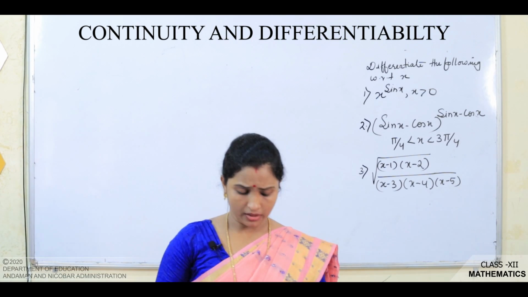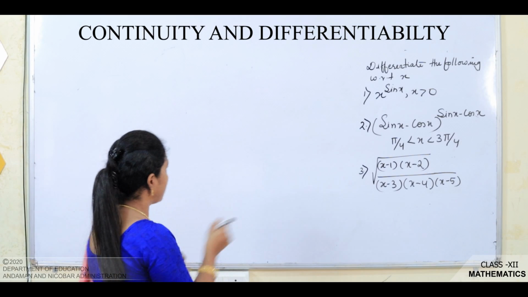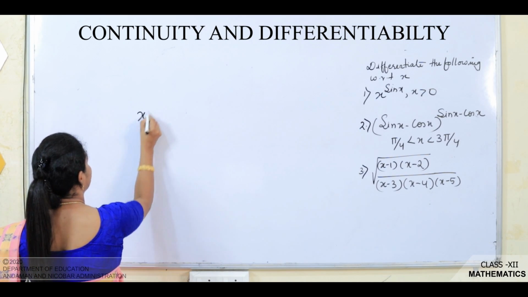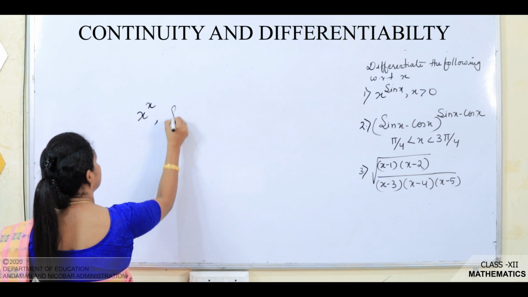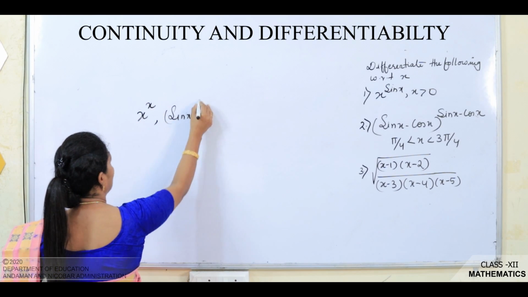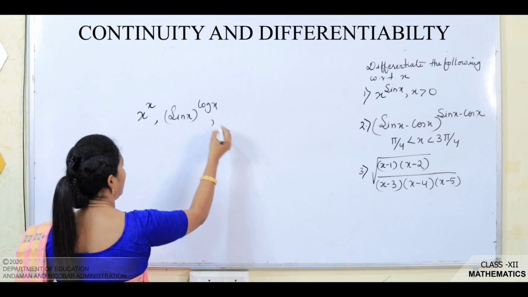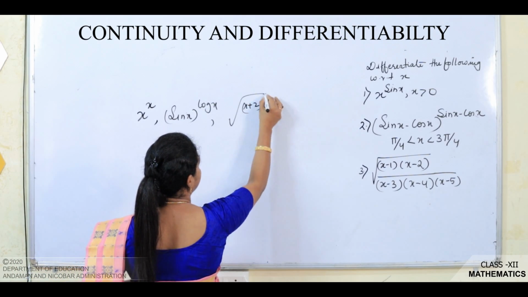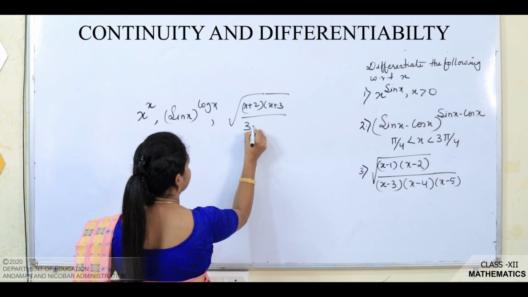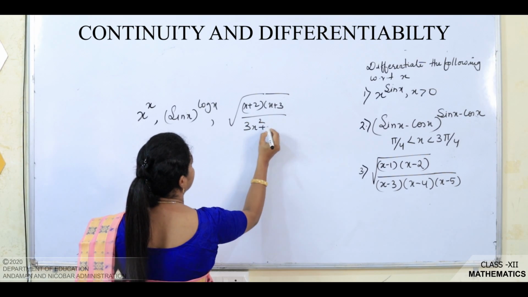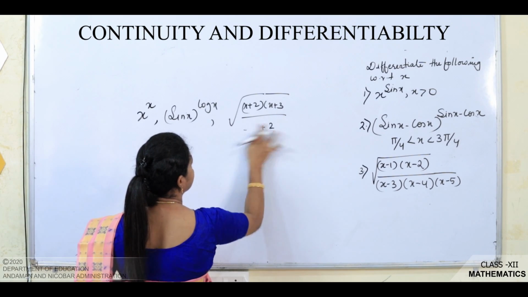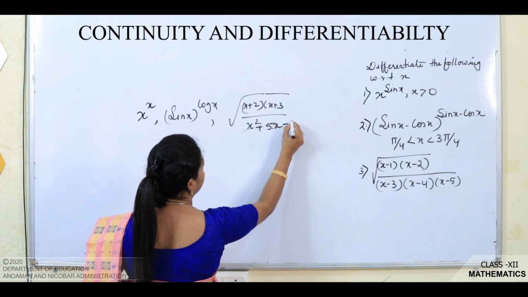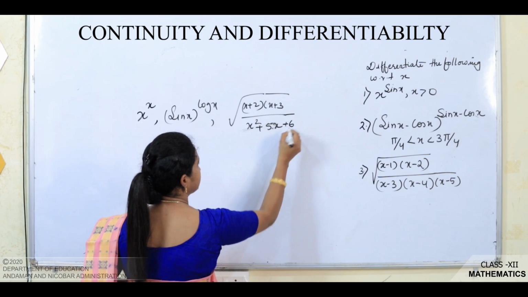Okay. See, you must have come across a question of this sort, like x to the power x, sin x to the power log x, or root over x plus 2, x plus 3 by 3x square plus 2, or you can say here x square plus 5x minus 6, okay, plus 6.